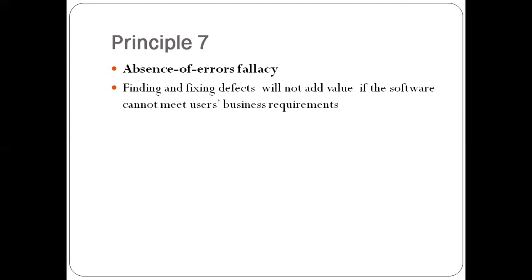So we are rejecting it. So what's the point of testing again? That is what that principle is talking about. The absence of errors fallacy lets you know the importance of requirements. Get your requirements right first before you start talking of technical tests. Okay, so that's that.